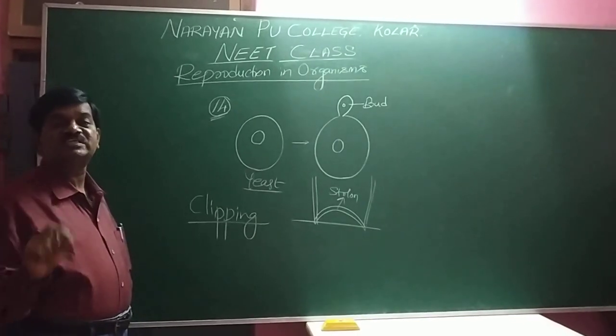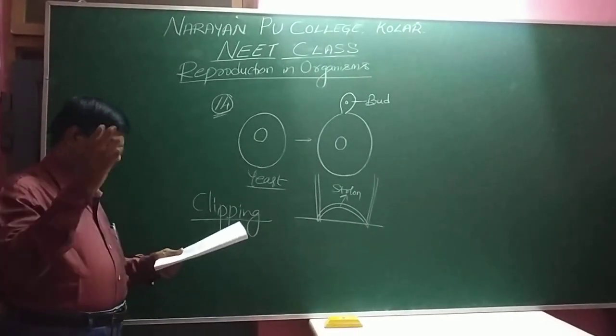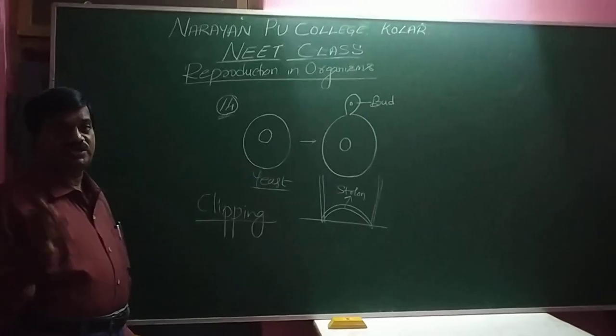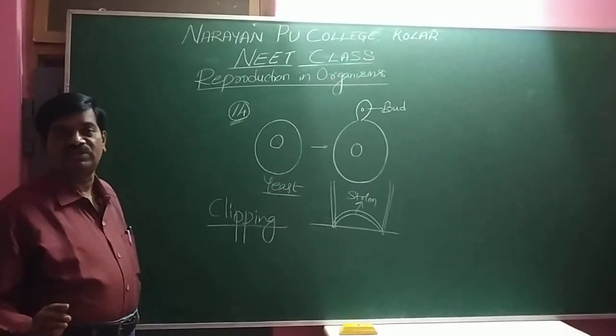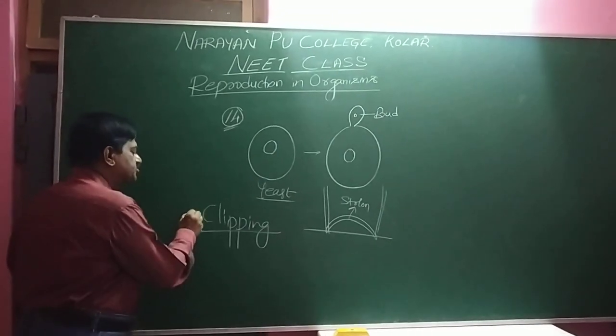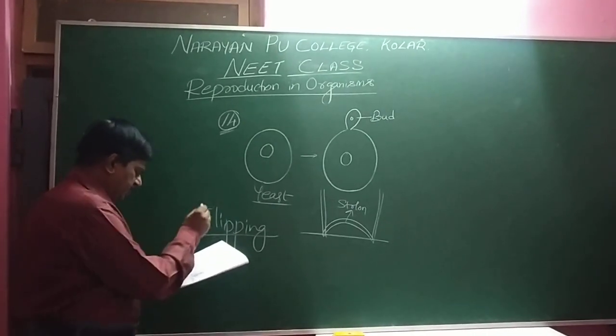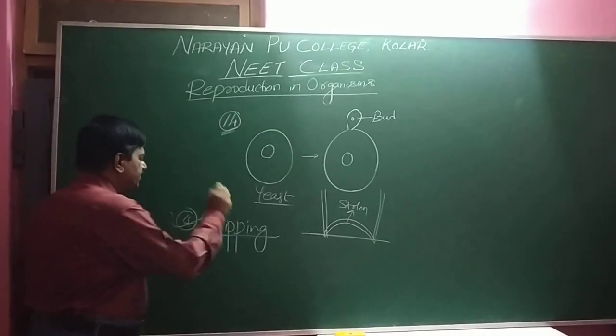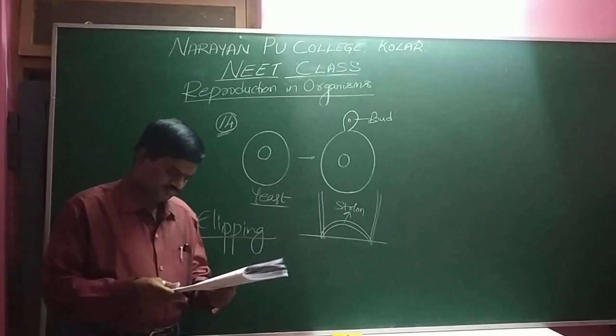These meristematic cells help in the growing of a damaged part of a leaf. Hence, the right option is clipping. So the fourth option, clipping, is the right answer.